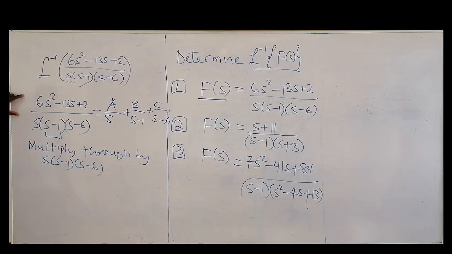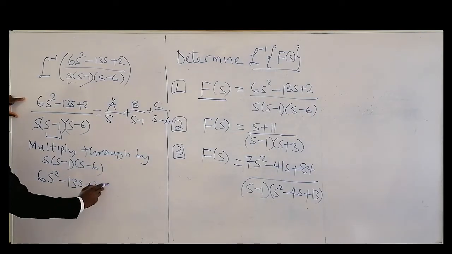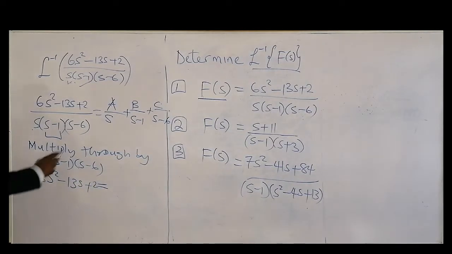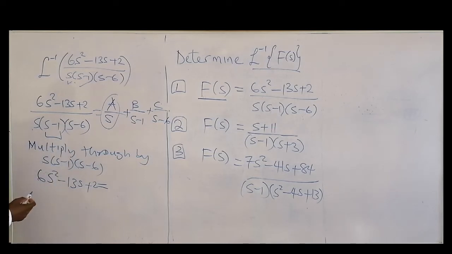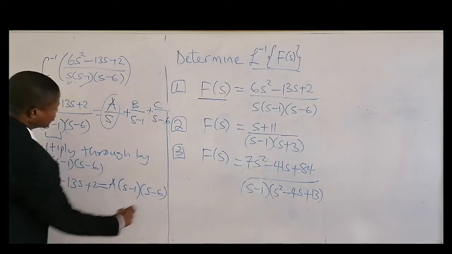If you multiply through on this side, we have this plus 2 equal to this one times the common factor. So we have a into bracket x minus 1 into bracket x minus 6.